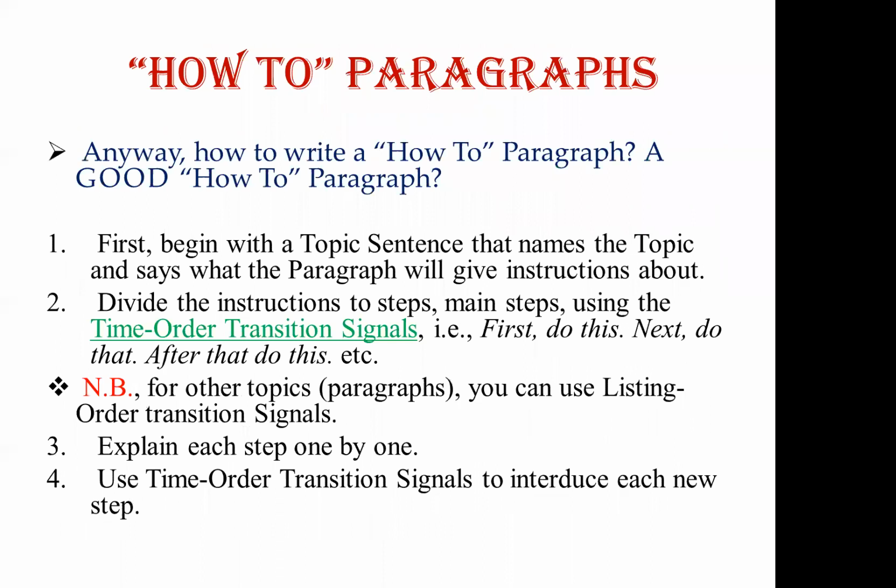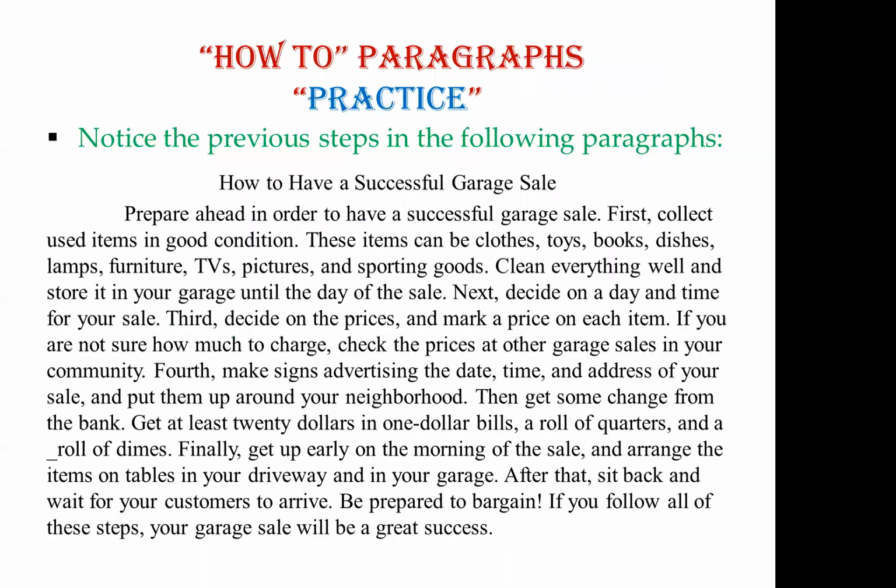The next step, we said that we have to divide the instructions into main steps, using the time order transition signals. First, do this, etc. Then we will explain each step one by one separately, and we will use time order transition signals to introduce each new step. So in analyzing, right now we will do 3 things.